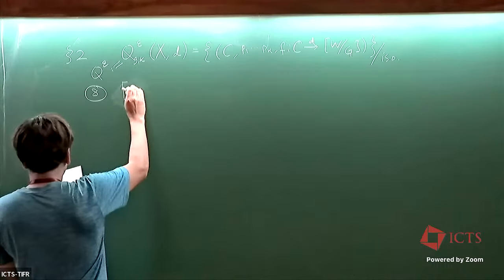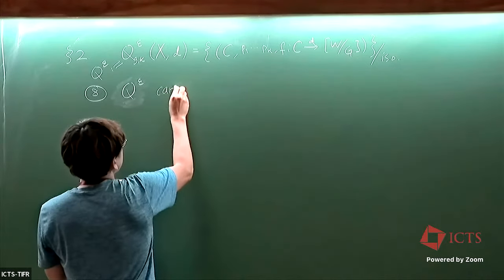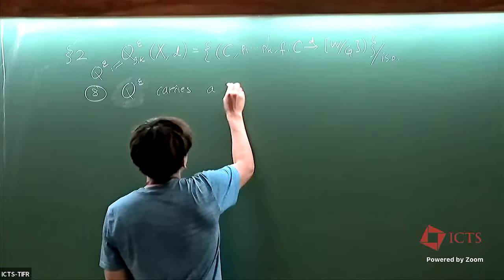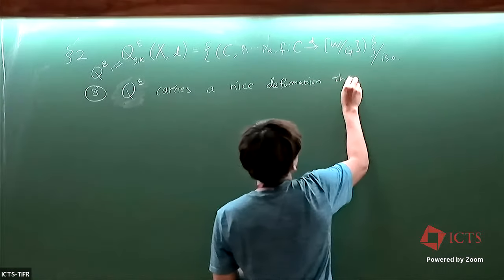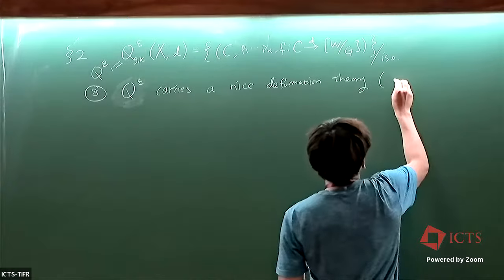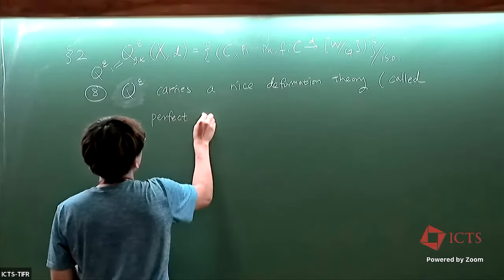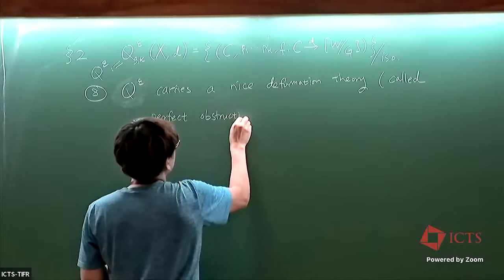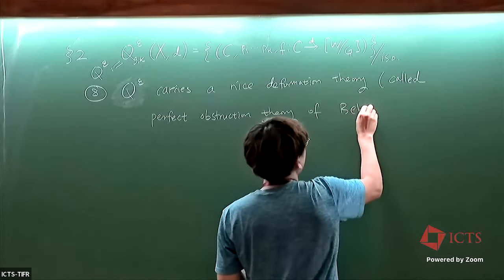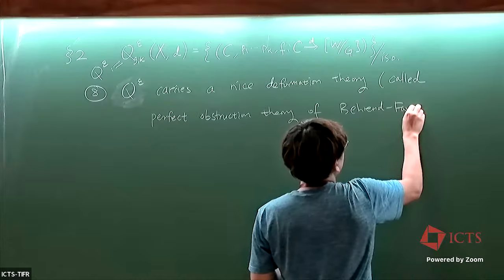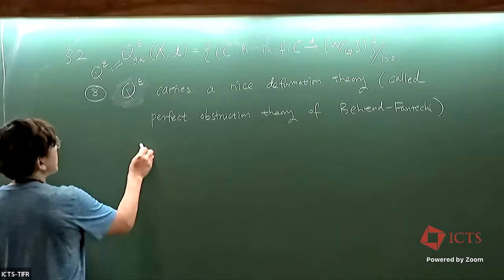Then this space Q epsilon carries a nice deformation theory, called a perfect obstruction theory, which is a notion of Behrend and Fantechi.